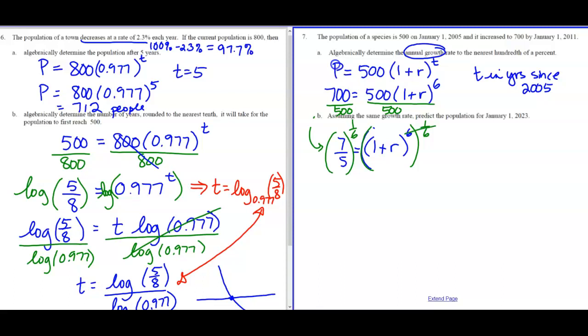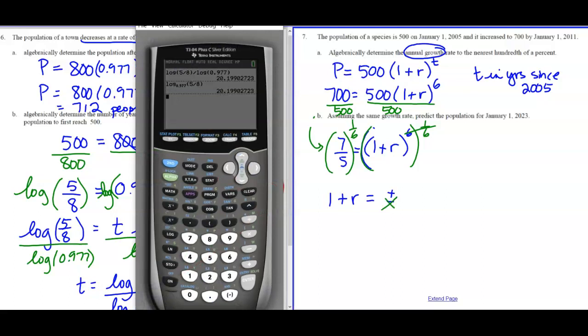So now I'm just going to show the 1 plus R on the left is equal to this. It's going to be plus or minus, but remember minus won't make sense, so I'm going to just cross off that minus right away. And then in your calculator, 7 divided by 5 to the exponent 1 divided by 6.